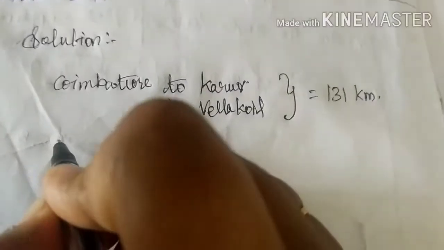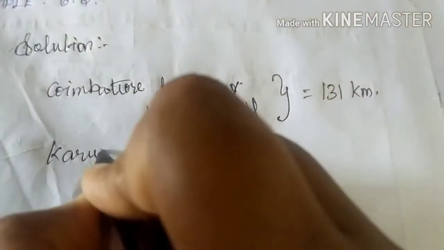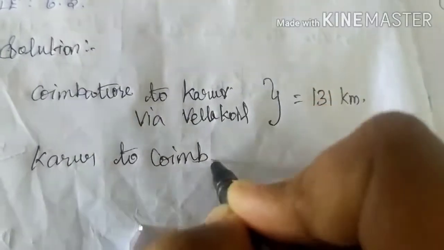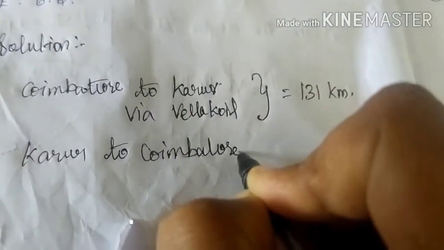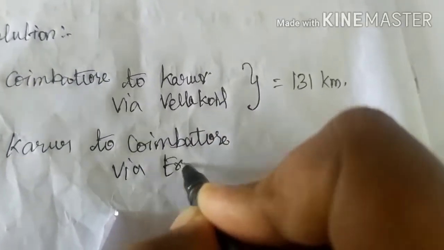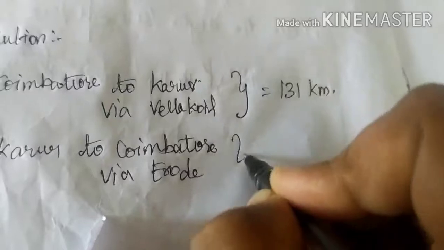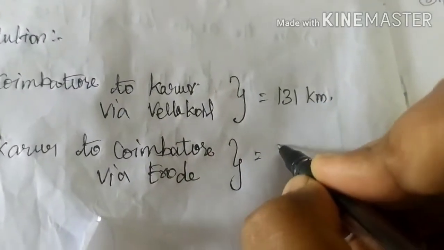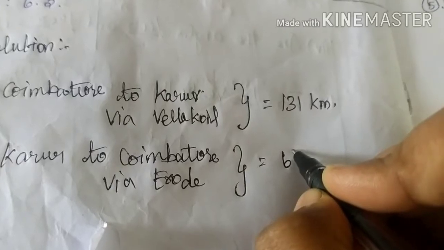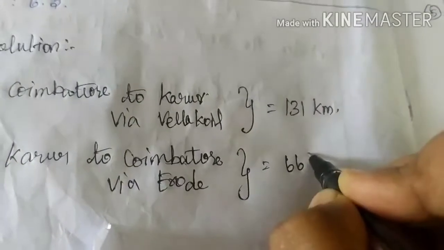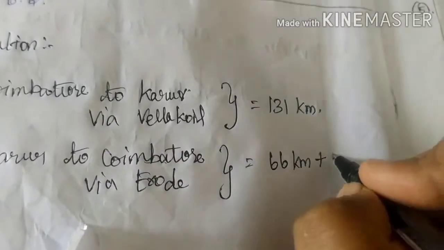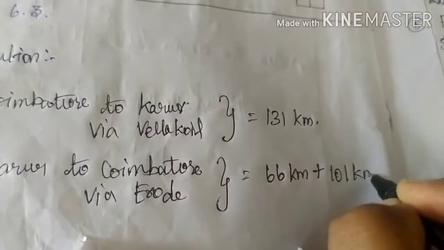Next, Karur to Coimbatore, Karur to Coimbatore via Erode. Okay, how much distance is this? First, Karur to Erode is 66 kilometer plus Erode to Coimbatore is 101 kilometer.